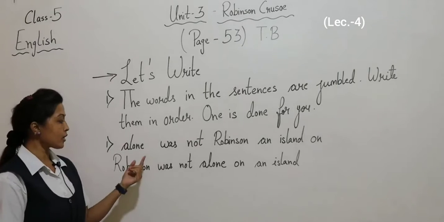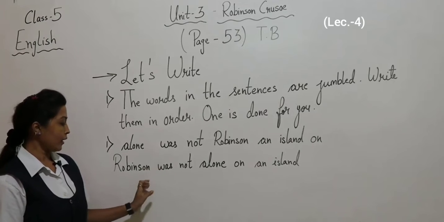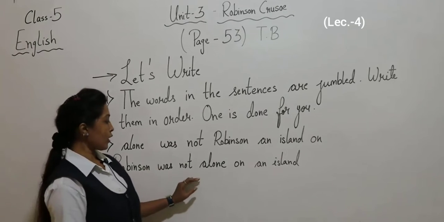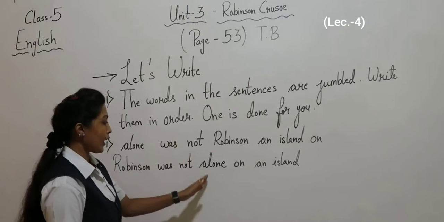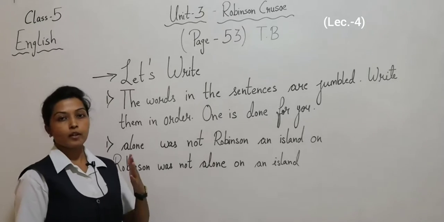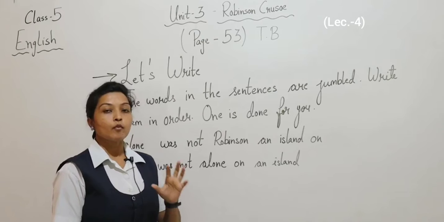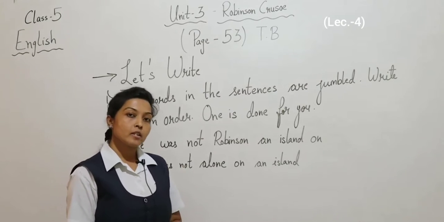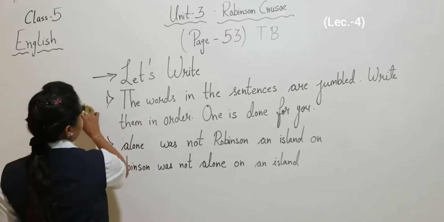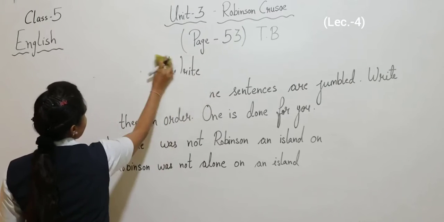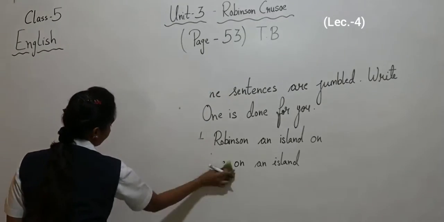Then if there is an auxiliary verb, yes, in this sentence an auxiliary verb is given, then we write it after the subject: was not. Then if a main verb is given, we write the main verb, and then if an object is given, we write the object. So in this way we have to arrange the given sentences in proper order. So one example is given. Now we move further.